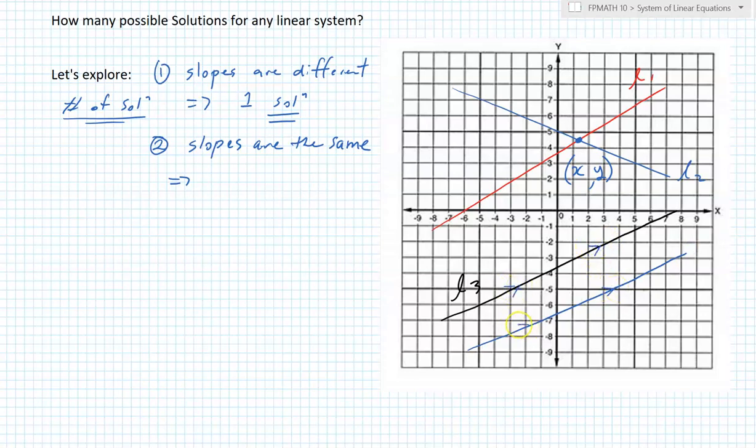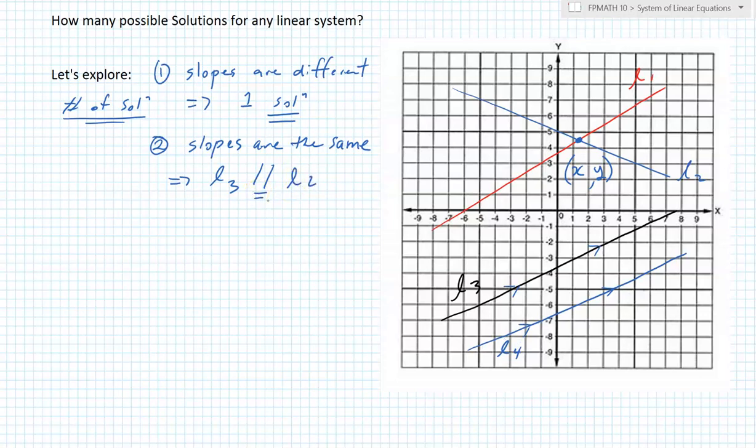In geometry, when we have it set up like this, that means the two lines are parallel. So if two slopes are the same, we know from last unit, it means L3 is parallel to L4. That's the notation for parallel lines.